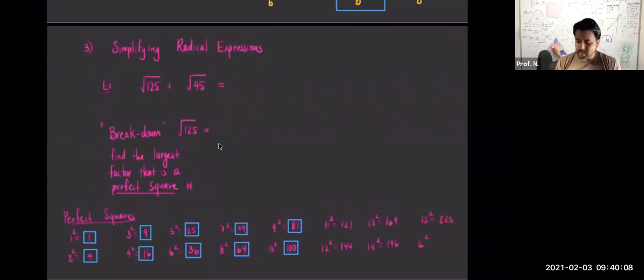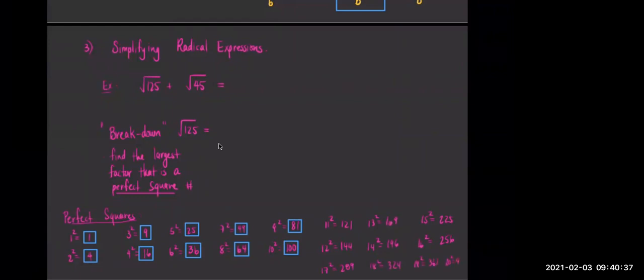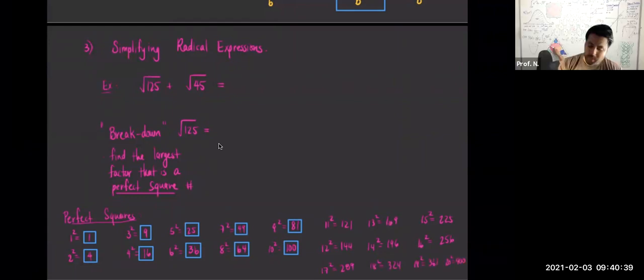What's 16 squared? 256. 17 squared. 289. 18 squared. 324. 19 squared. 361. And 20 squared. 400. Good. And again, we can keep on going.